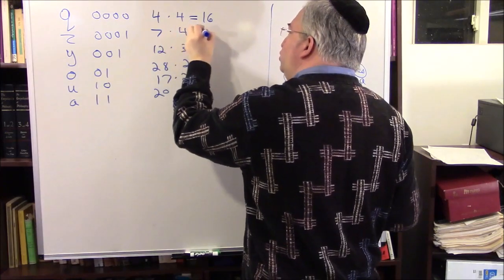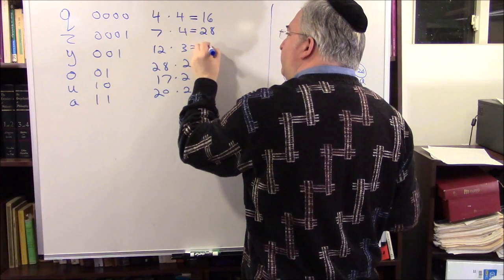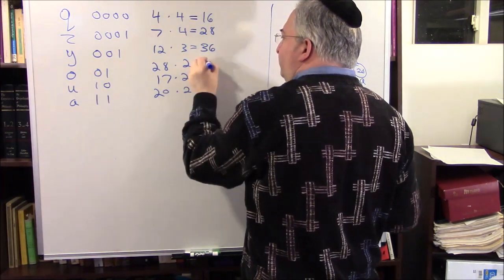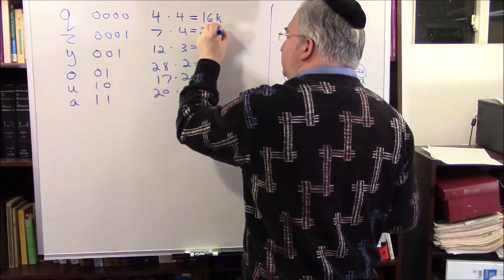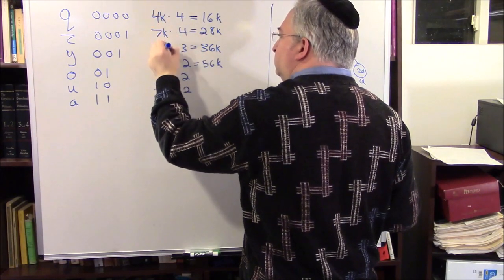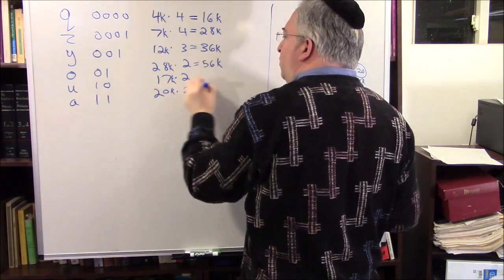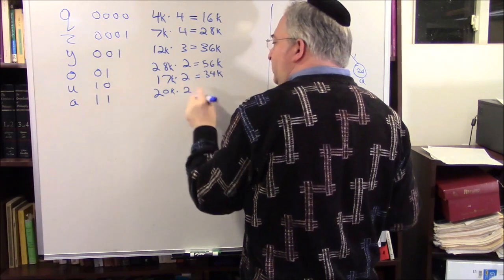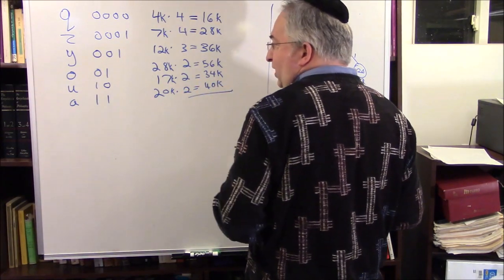We'd have 28,000 bits representing Z. We'd have 36,000 representing Y. We'd have 56,000 representing O. All these are thousands. We'd have 34,000 representing U, and we'd have 40,000 representing A.